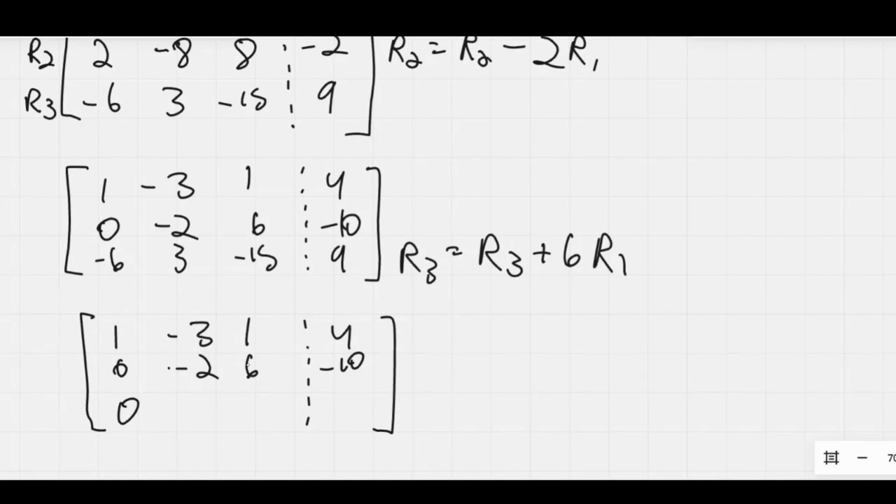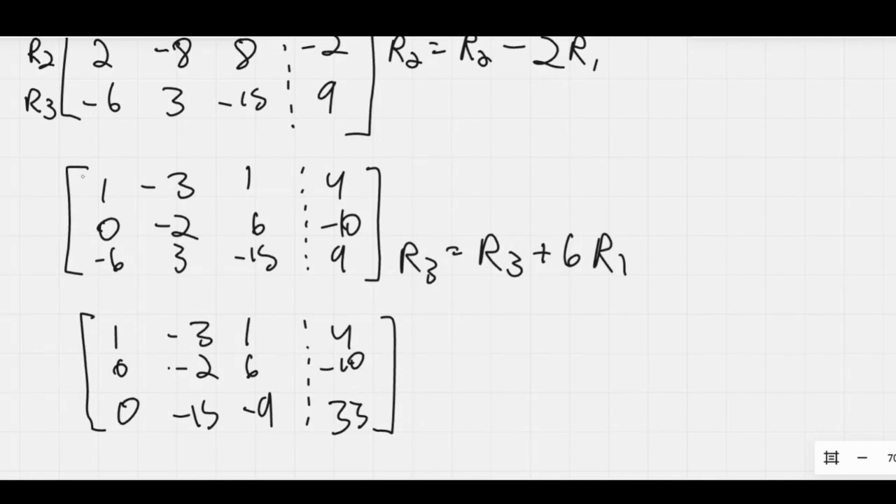Then we have 6 times negative 3, which is going to be negative 18, and 3 plus negative 18 is just negative 15. 6 times 1 is going to be 6, and negative 15 plus 6 is going to be negative 9. And then we have 6 times 4, which is 24, and 24 plus 9 is 33.